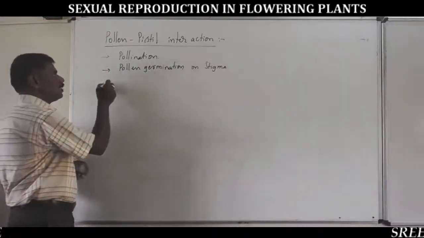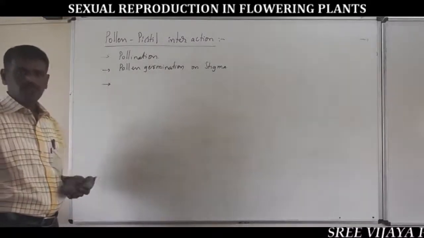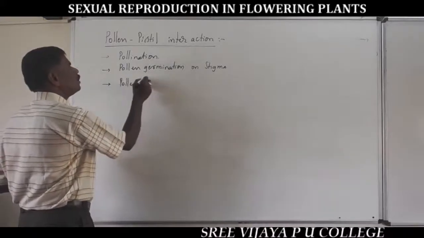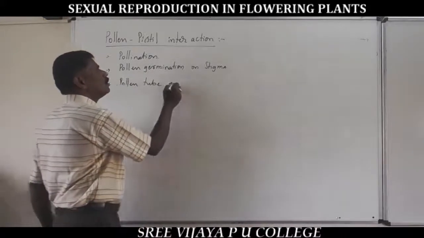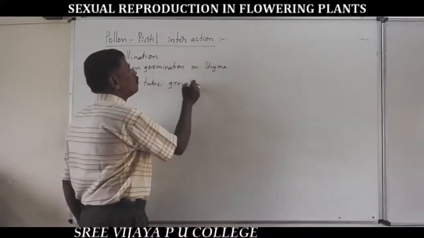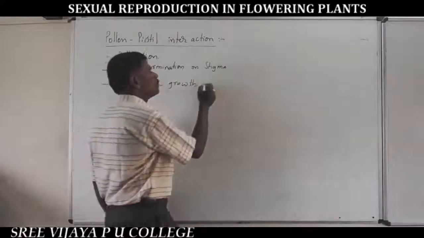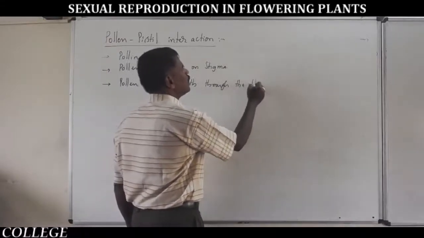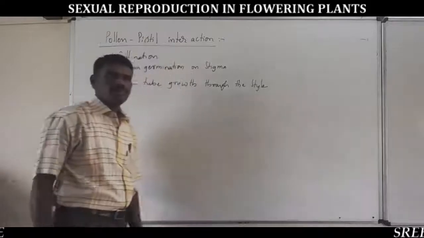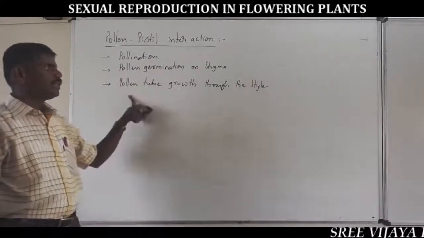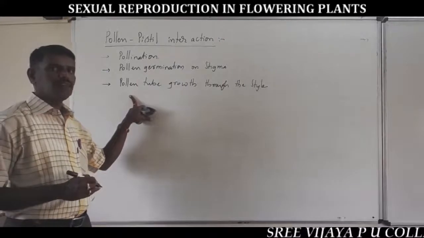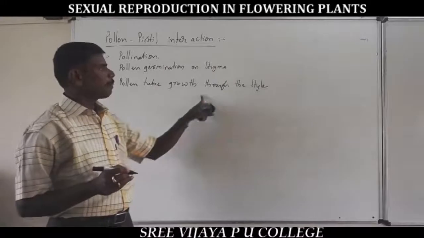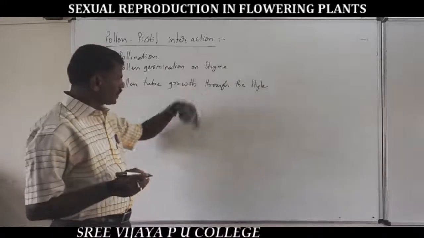After the pollen germinates, the pollen produces a pollen tube. That pollen tube grows through the style. The pollen tube emerges from a pollen grain which entered the stigmatic surface, and it moves through the style.